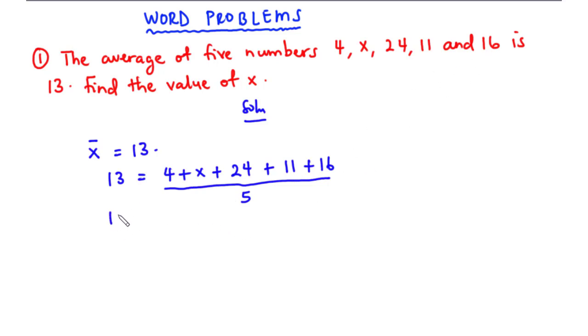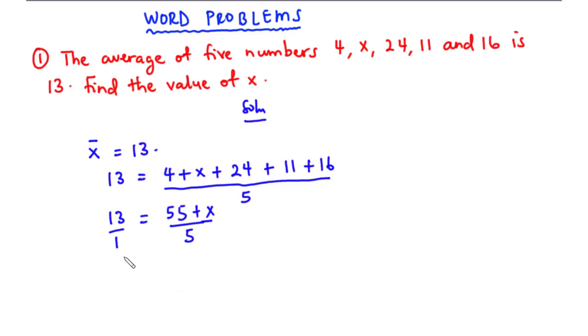So that's going to be 13 equals, now 4 plus 24 is 28, 28 plus 11 is 39, and 39 plus 16 is 55. So we have (55 + x) divided by 5. Now we can cross multiply.